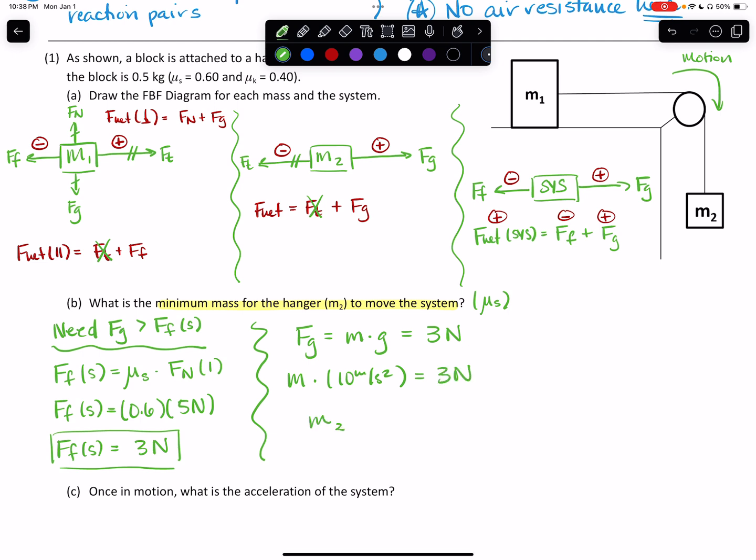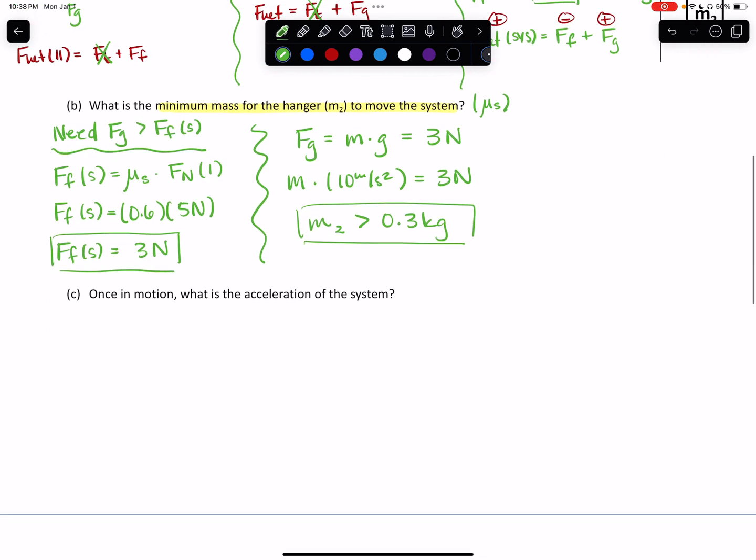That means that mass 2 needs to be greater than 0.3 kilograms. So if I can get it to at least 0.3 kilograms, it'll start to move.